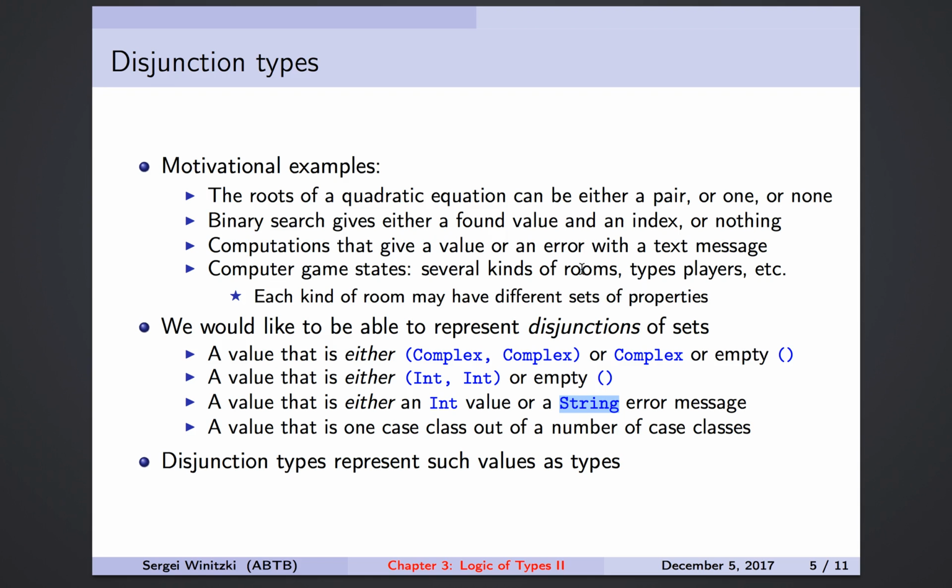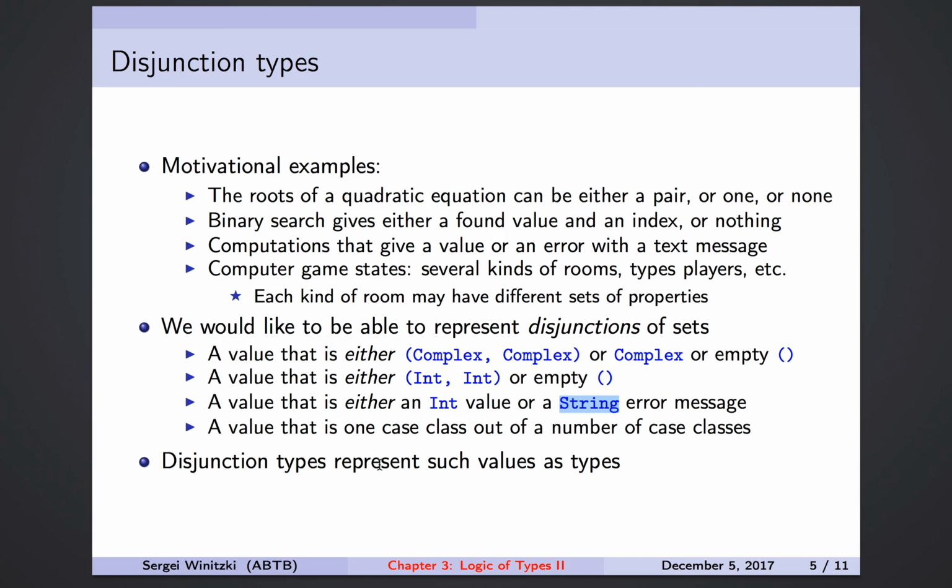So you want to have a number of case classes together in a disjunction, basically. Either one case class or another case class or the third case class. That's the kind of type you want. So that's the disjunction type. They are available in Scala, and they represent these kinds of situations as types.